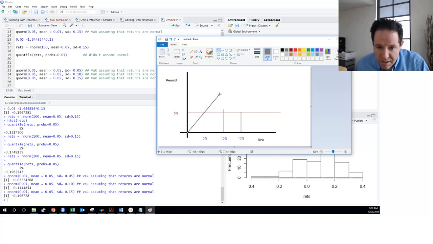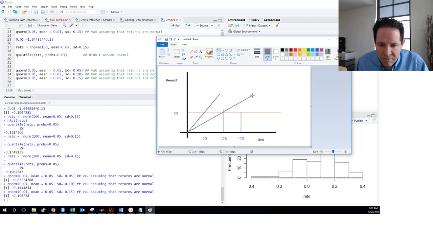What you do is you connect a line through the point of the amount of risk that you're considering, so 5%, and the amount of reward that you're considering. Say a portfolio could give you 5% reward with 5% standard deviation of returns. The slope of this line would characterize that reward to risk ratio.